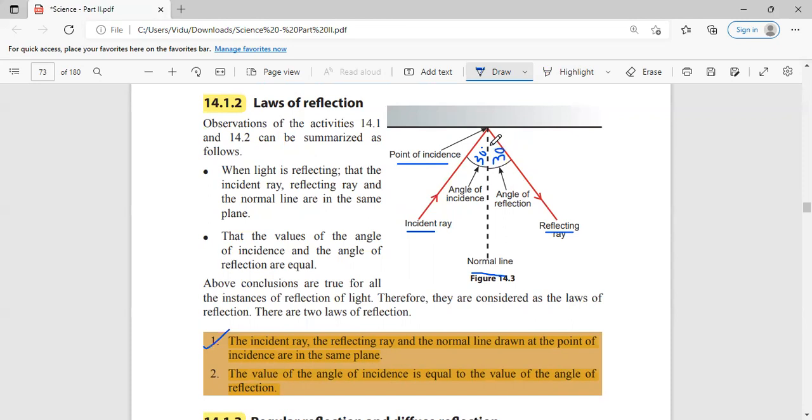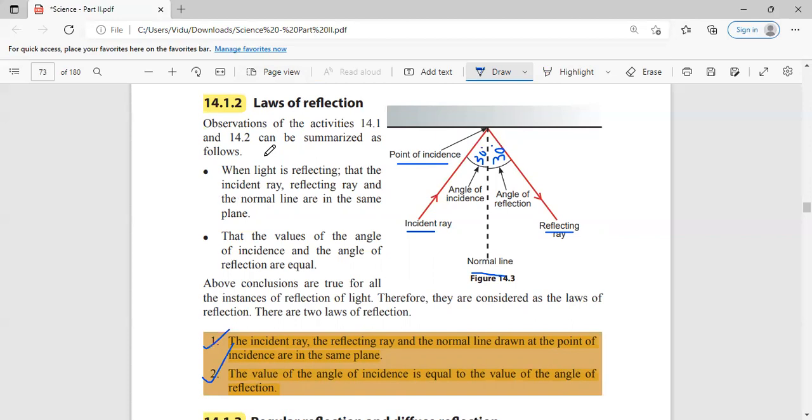If we say the angle of incidence is 20 degrees, the angle of reflection is also 20 degrees. So this value does not change. This one is also correct. So these are the two laws of reflection.